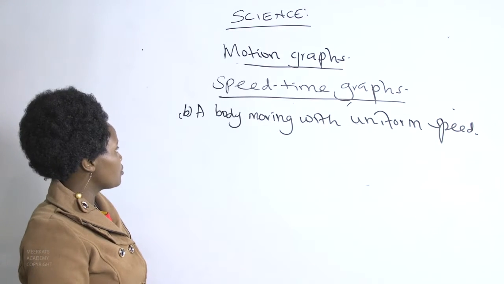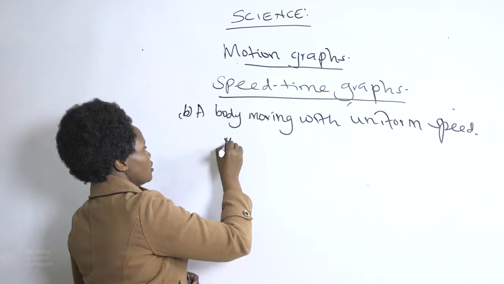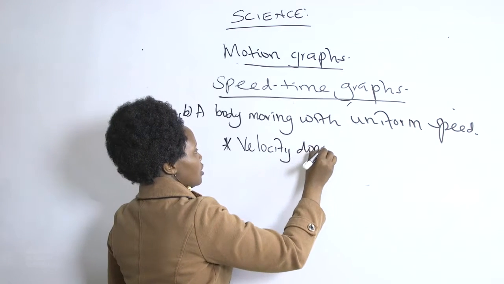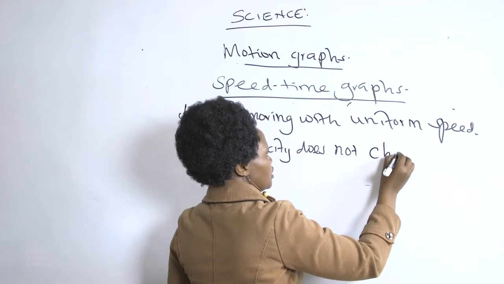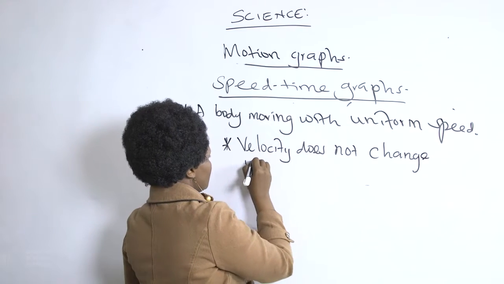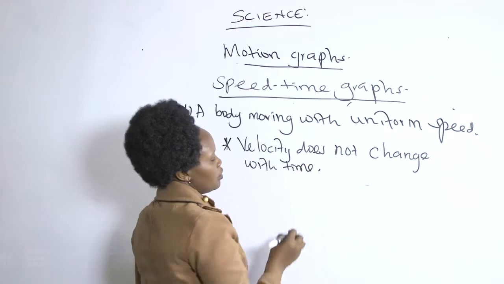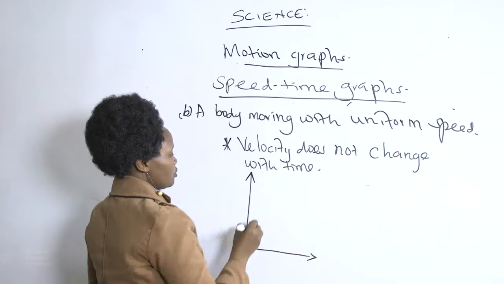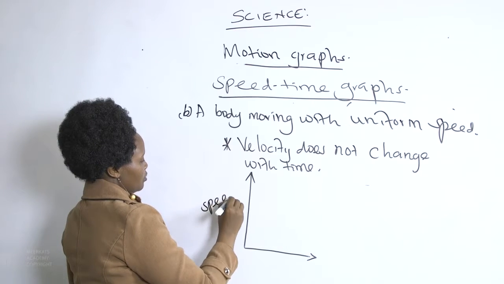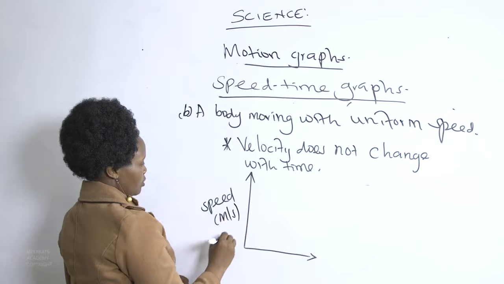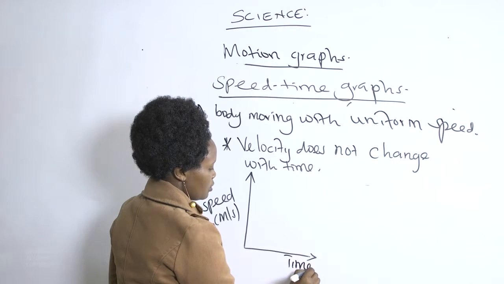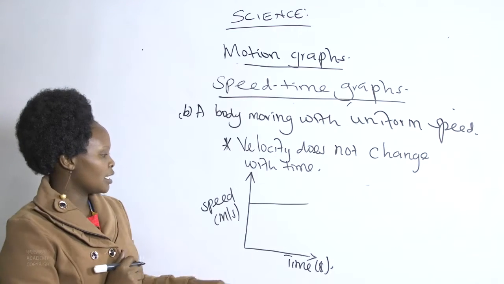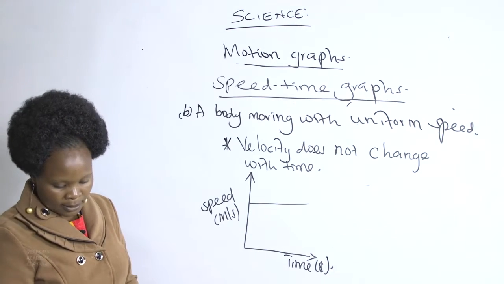A body moving with uniform speed, and this means that velocity does not change with time, which means that our plot is going to be that of a graph that has 0 gradient, therefore it should be a straight line that is actually parallel to the x-axis.